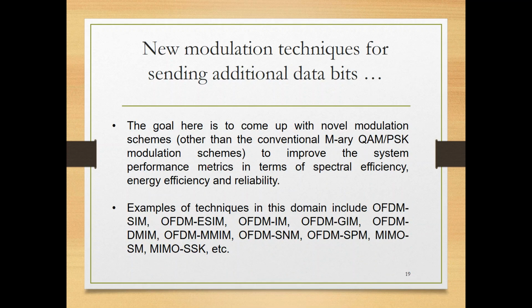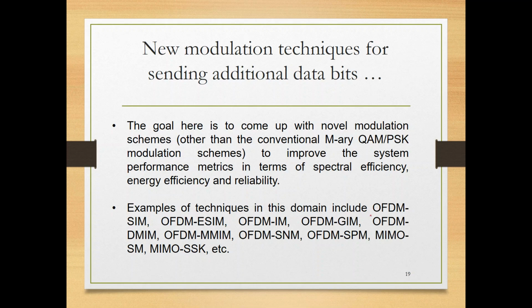The goal here, basically, is what I'm looking for: to come up with novel modulation schemes other than the M-ary QAM and phase shift keying modulation schemes, to improve the system performance in terms of spectral efficiency, power efficiency, reliability, and so on and so forth.